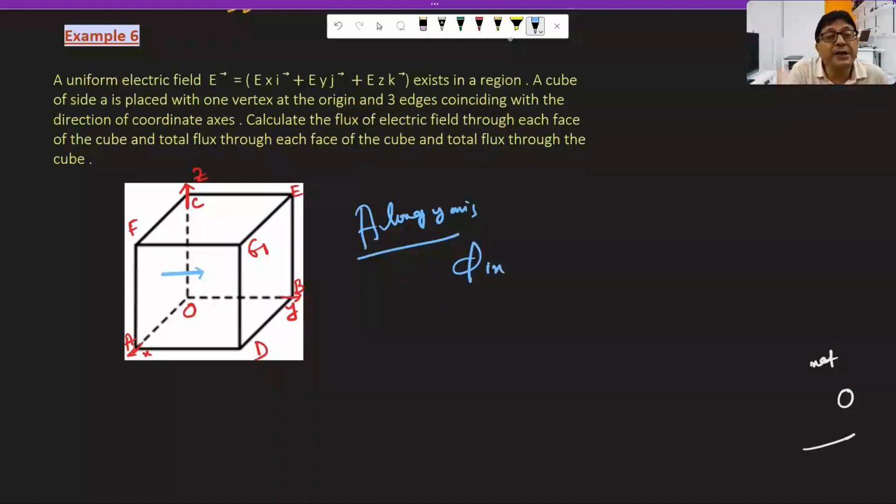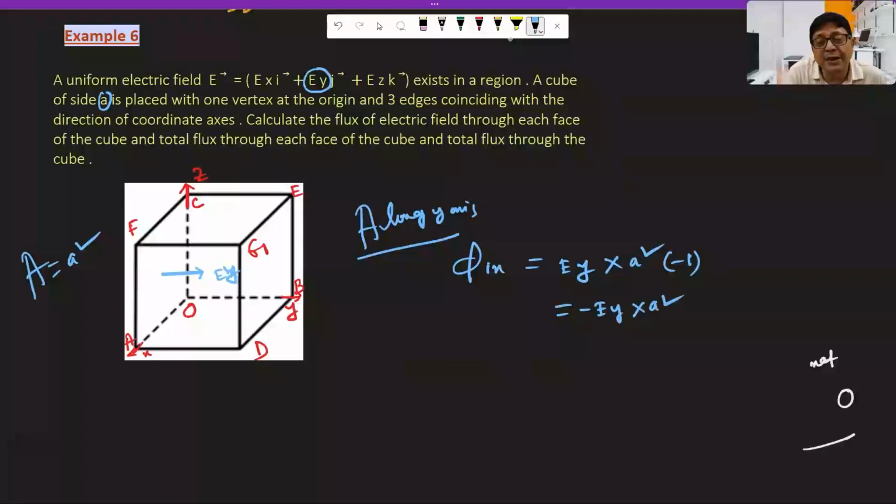The face in that direction along the y-axis is this part. The length of each side is a, given, so the area of each face is a square. Here phi in is along the direction of electric field, because the electric field is given this way, so phi in going to be negative again. Phi in equal to what? Sorry, Ey, not Ex. This is Ey into a square, with y minus 1. This I have explained.